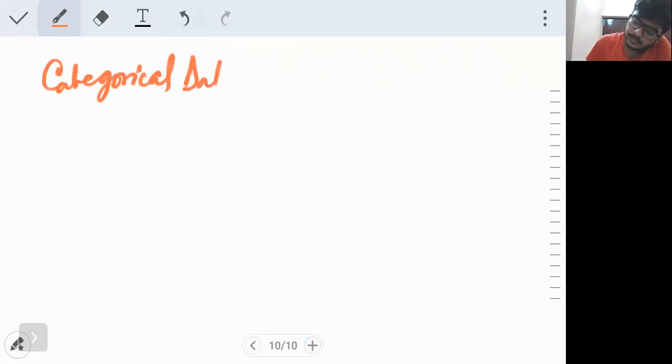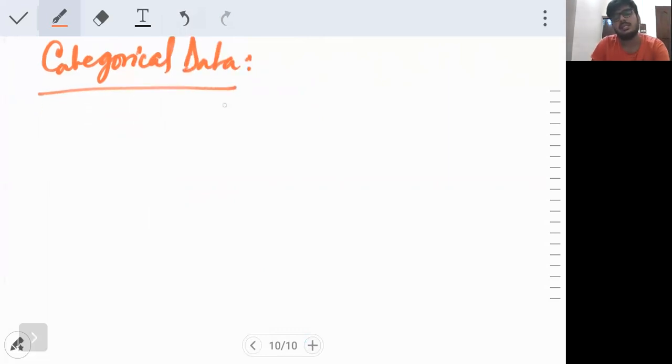Now, the third is categorical data. To define categorical data, the data are called categorical if the sample space contains objects that are grouped or categorized based on some qualitative trait. When there are only two groups or categories, the data are considered to be binary.